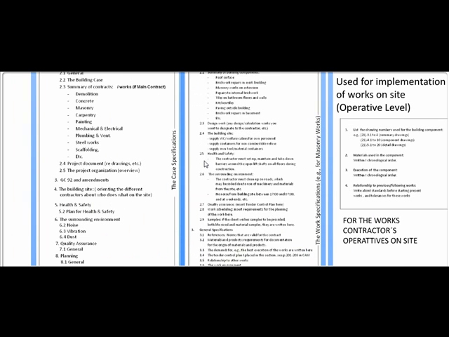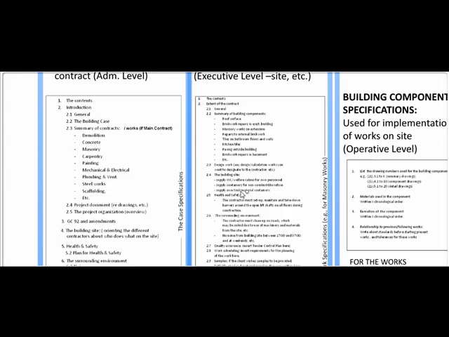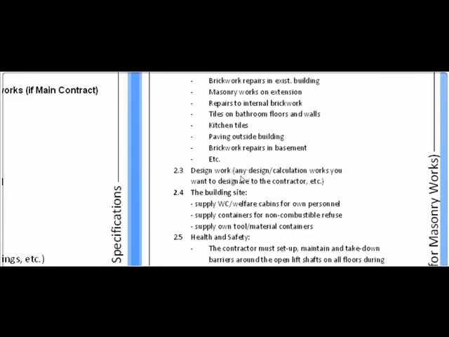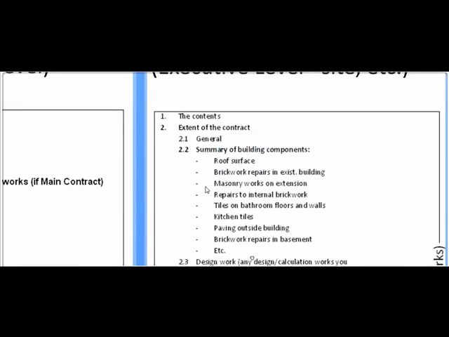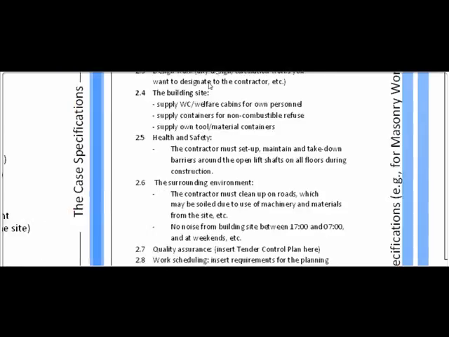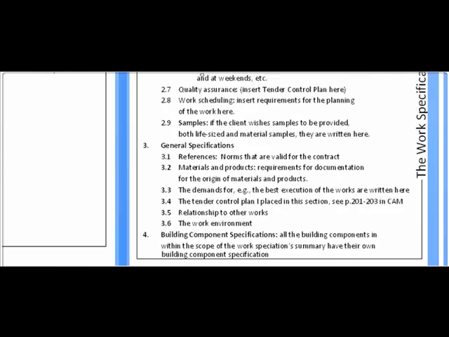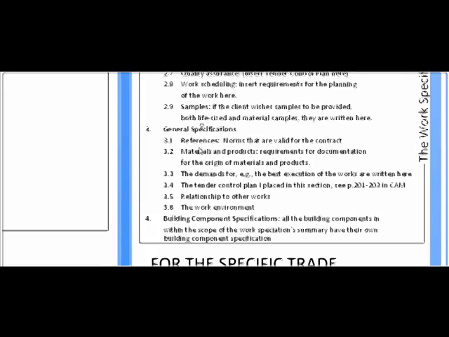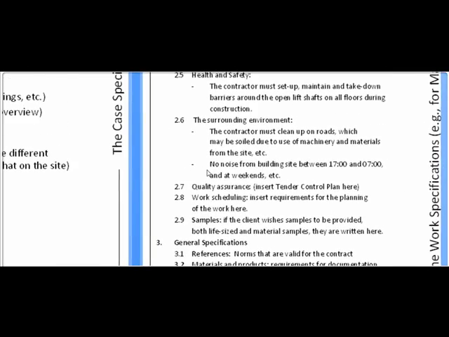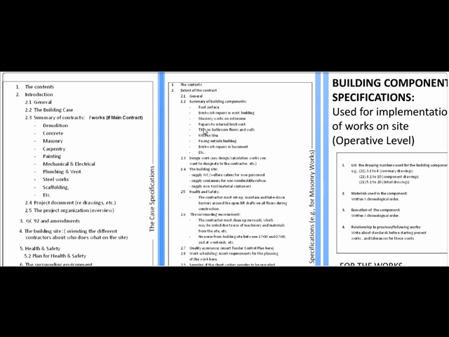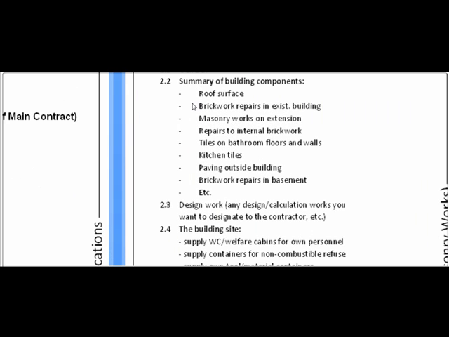So if we look at the build-up of the work specifications, from section 2 at the beginning all the way down to section 3, these are all the things that need to be priced. In other words, we have first of all the summary here of the building components that need to be priced.